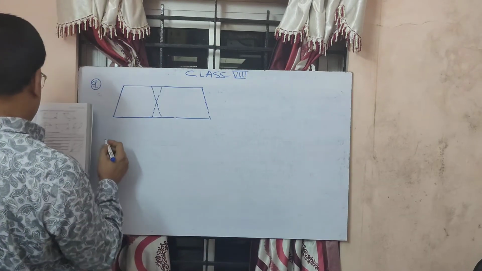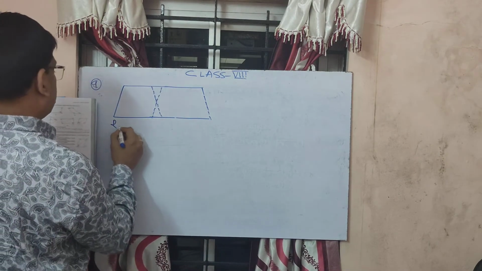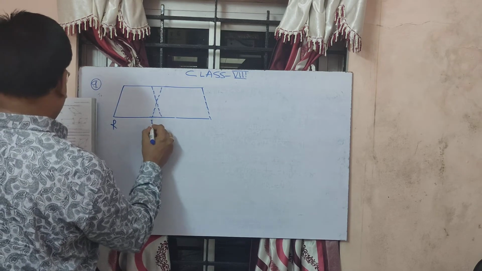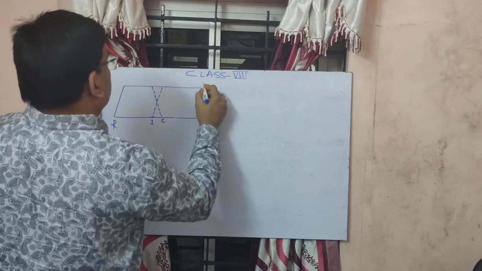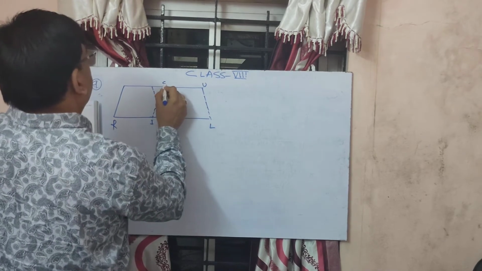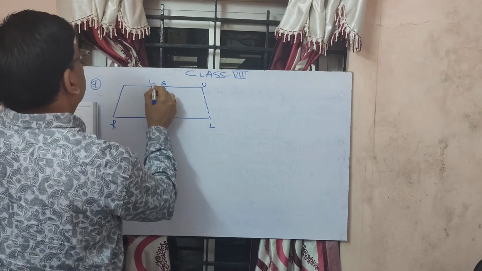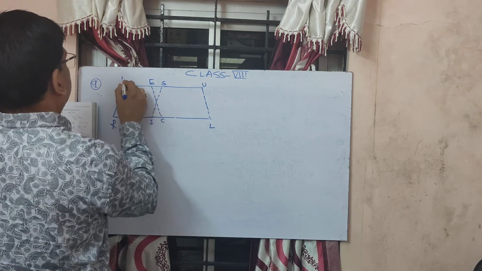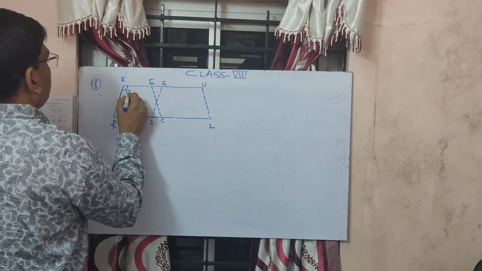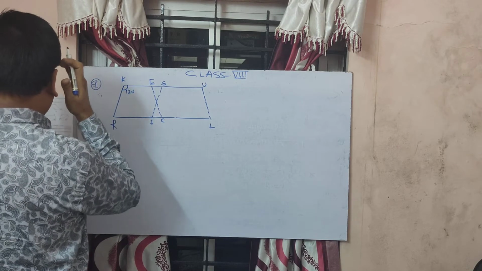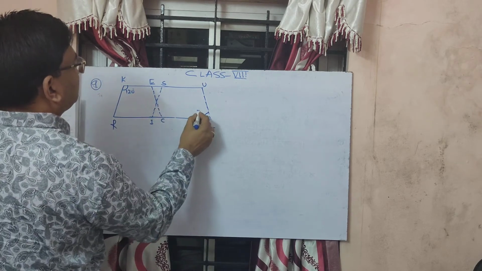Now, this is R, I, S, K, and C, L, U, E. So this is 120 degree and this is 70 degree.